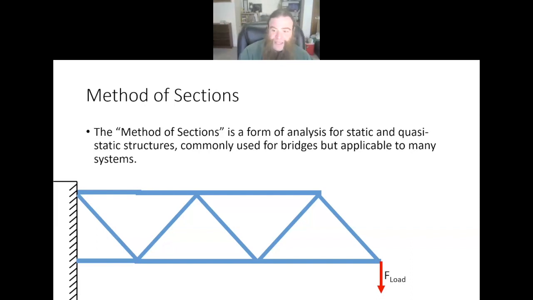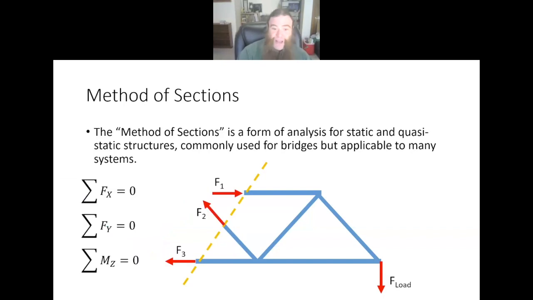And that's true for the attachment points at the ends and where the load is, but you can also slice this thing in half virtually and run the same analysis and say the sum of the forces in the x, y, and the sum of the moments must be zero, otherwise this particular part of it would be moving. And you can do as many slices as you like and solve for all of your individual elements.